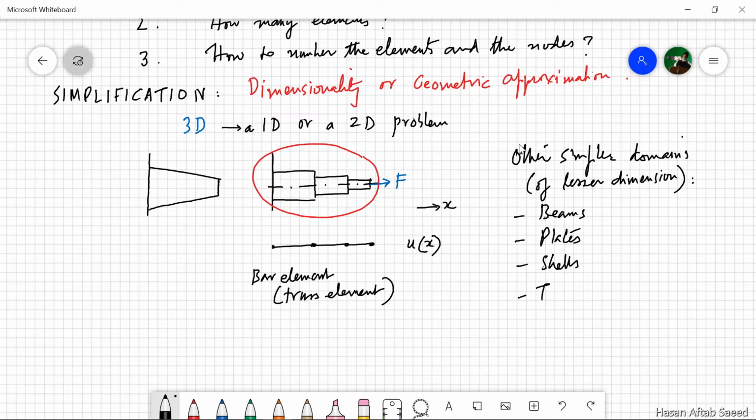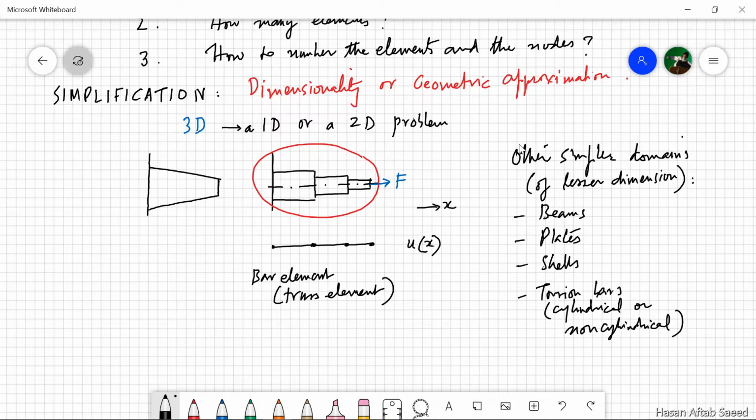Torsion bars. Torsion bars could be cylindrical or non-cylindrical, of for example square cross section or any other cross section. So these are two different things.